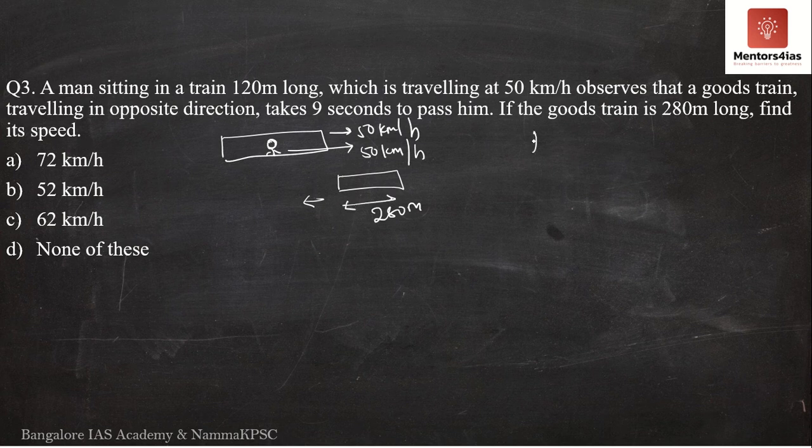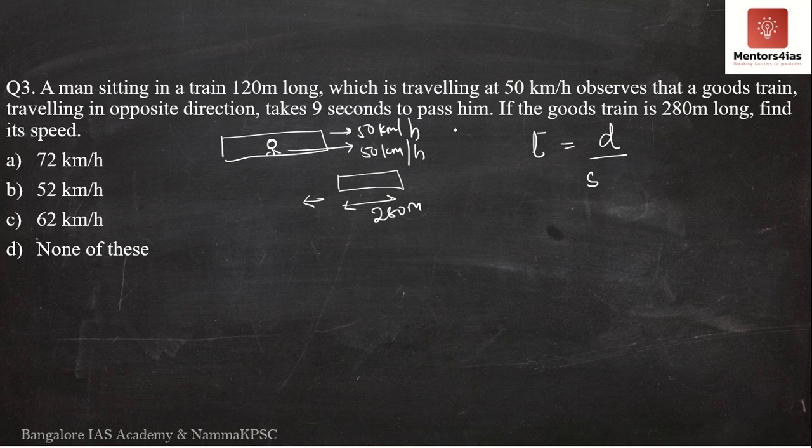We know that whenever we have two entities moving in opposite directions, time is equal to distance divided by the speed, which is nothing but the sum of the speeds. Sorry, my mistake, not the difference.